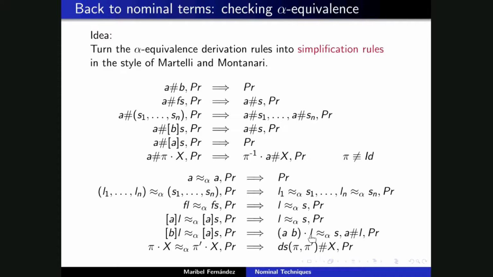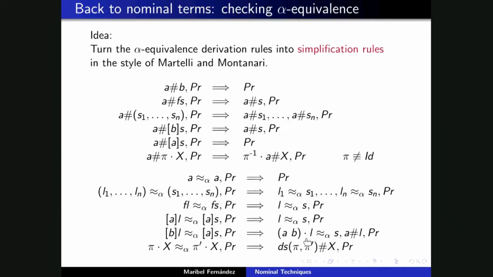So we are going to try to use the same trick here, but in addition, we need to worry about, as I said, how we implement these permutations. And we know that if we want to keep linear time algorithms, we can't apply the swapping eagerly. So the first thing we are going to try to do is to manage the permutations in a lazy way, which means that we will let them accumulate on terms.